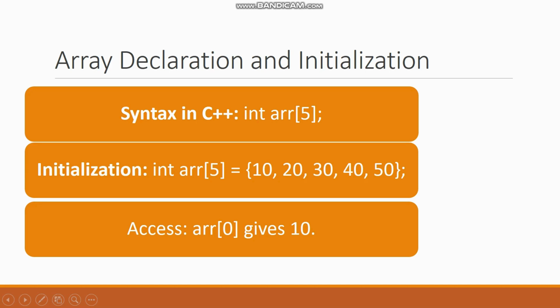Understand what I'm saying? The fourth location means the element at the fourth position, but its index will always be position minus 1. That means here you have to write the index as 3, but it will give the value of the fourth location, which is nothing but 40.